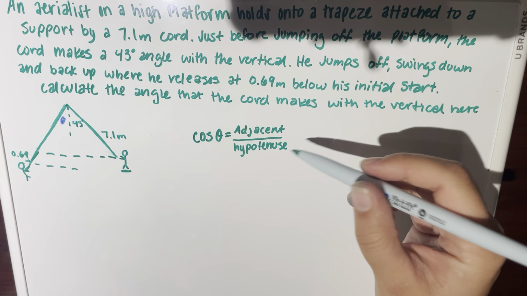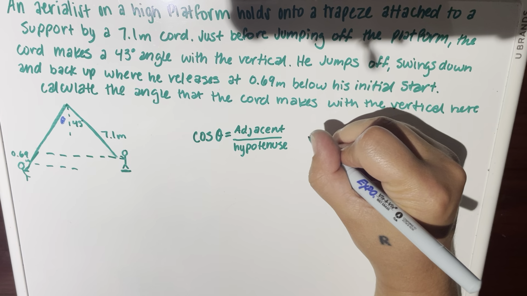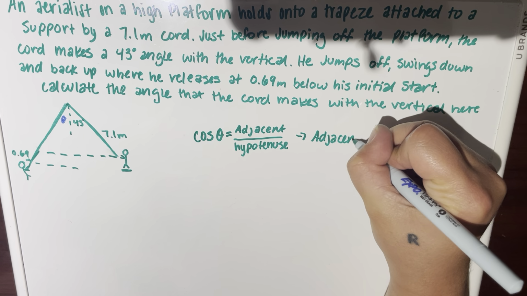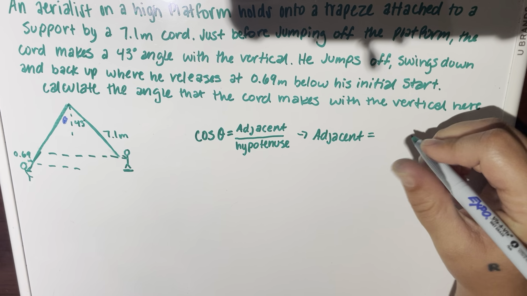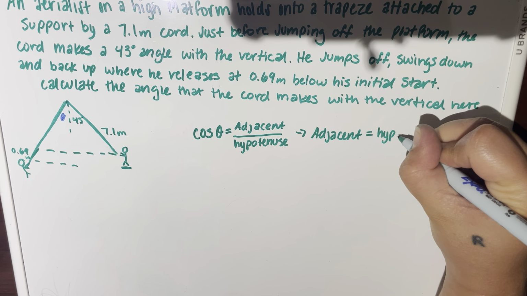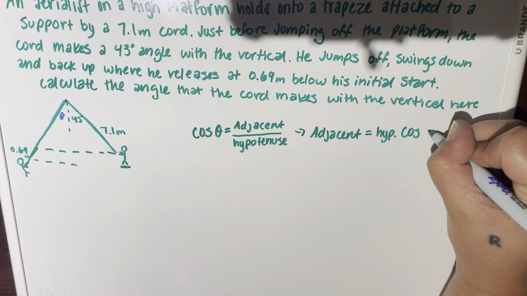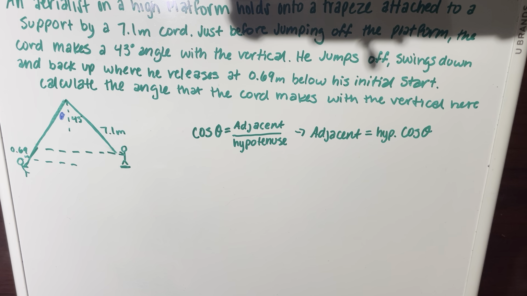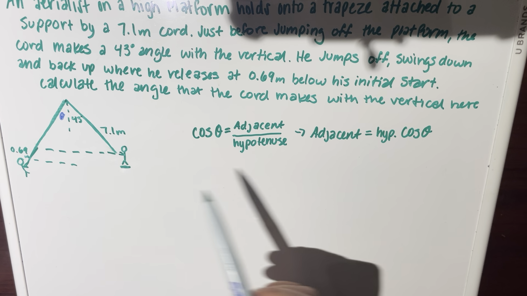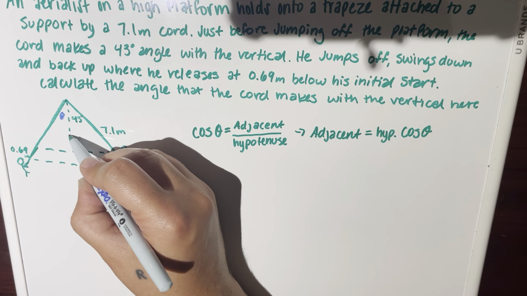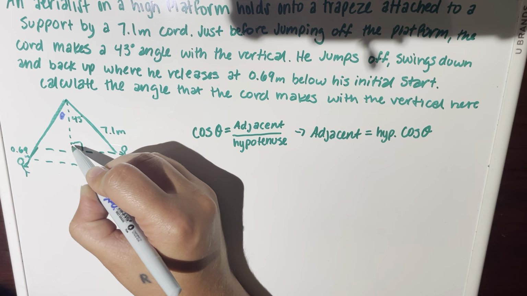And we can manipulate this so that the adjacent equals the hypotenuse cosine theta. So we don't know the adjacent yet, but we do know the hypotenuse is 7.1 meters if we're looking at this triangle here.